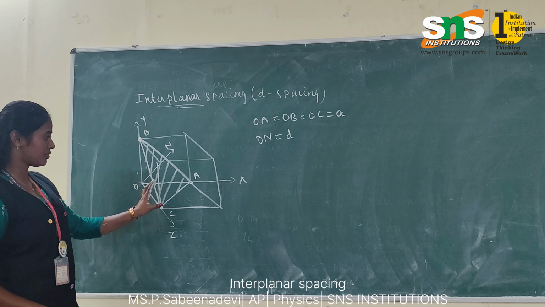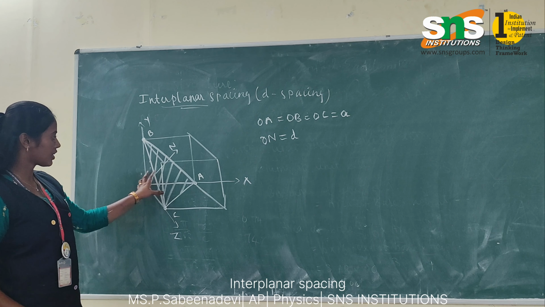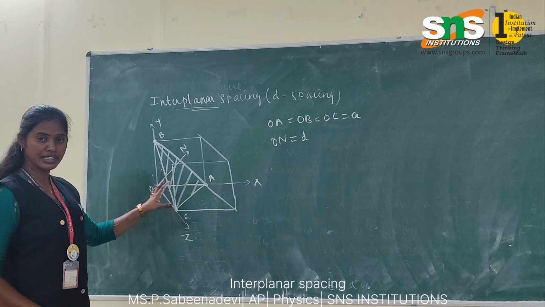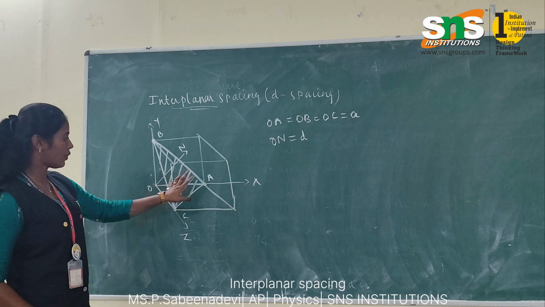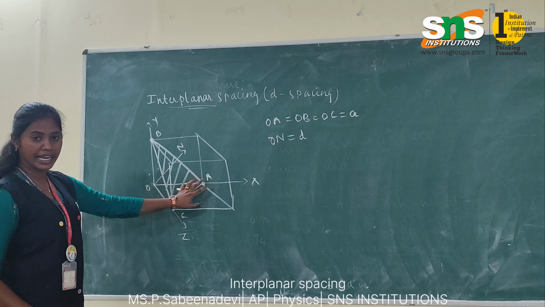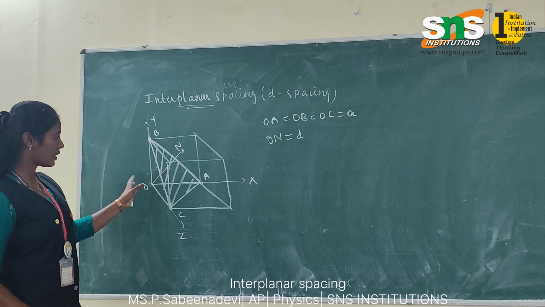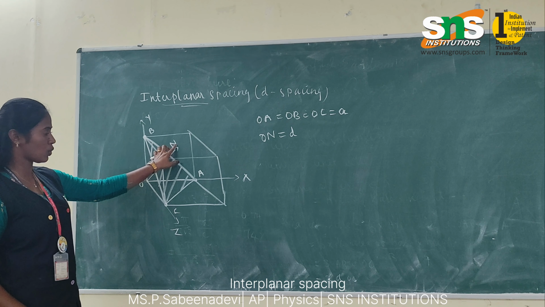Now we consider a cubic structure. In a cubic structure it has three intercepts, and all the intercepts have the value a. So OA, OB, OC is equal to a. Let us consider the plane ABC inside the cube, and draw a normal line to this plane, that is ON.